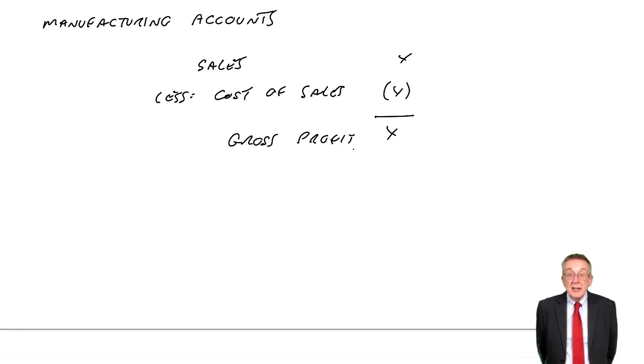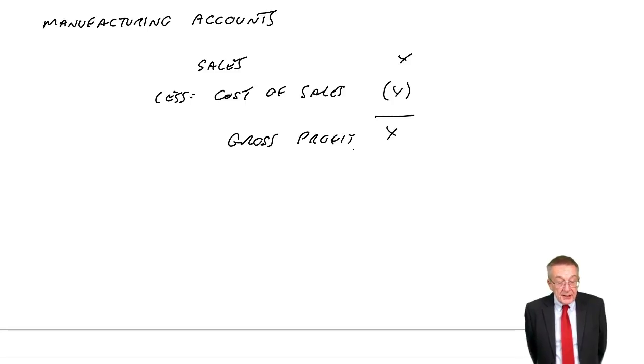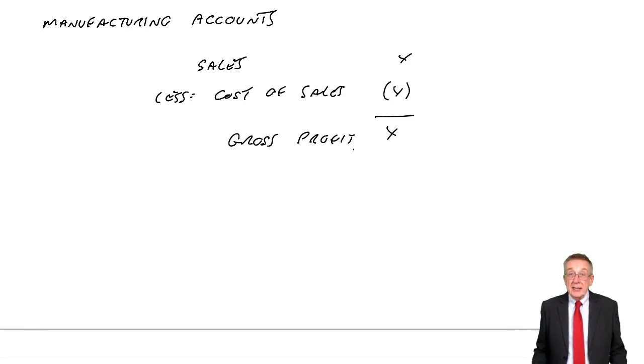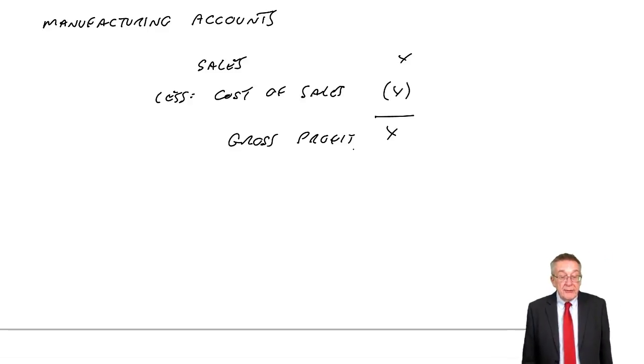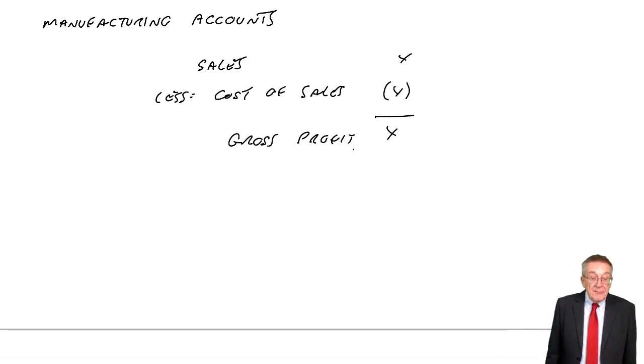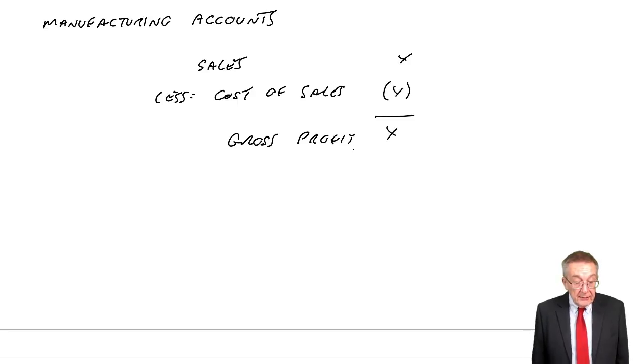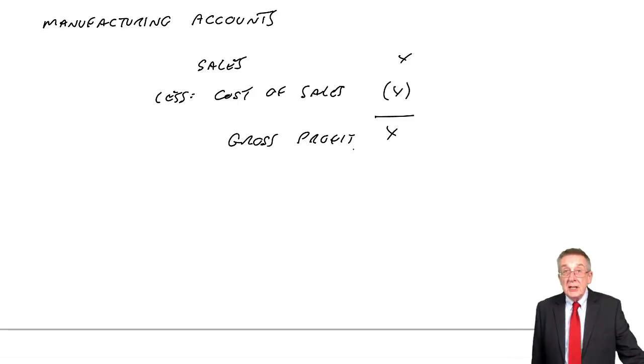That's the manufacturing account. And when we know that, then we'll be able to produce a trading account. And it says the following balances have been extracted from the books of Jimmy. The inventories at the beginning of the year, 1st of July 2015, with raw materials, work in progress, finished goods.